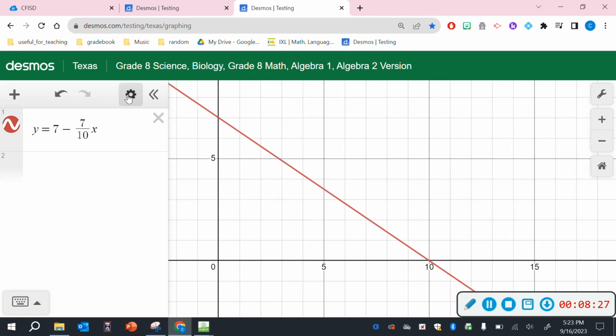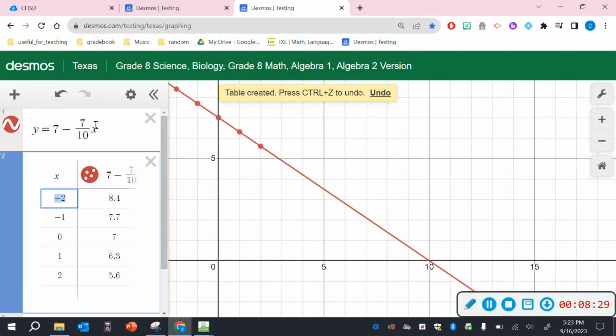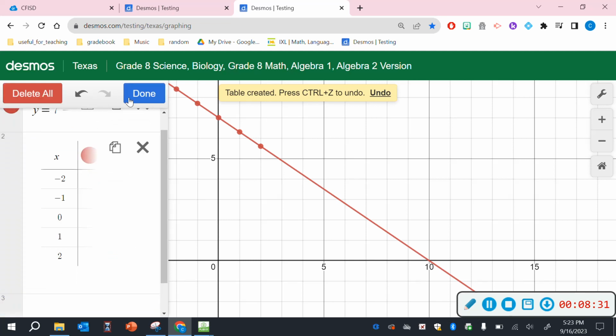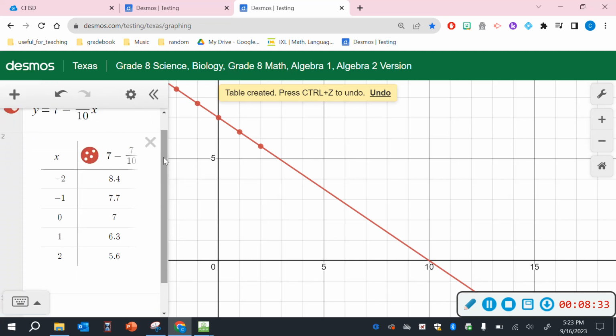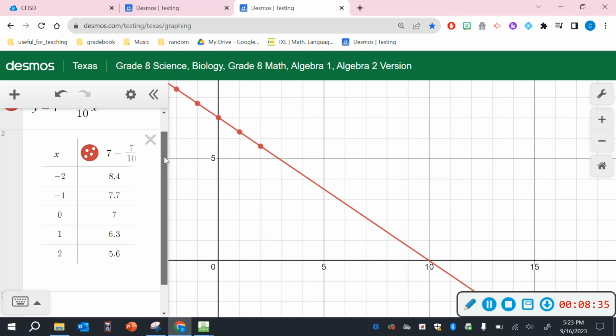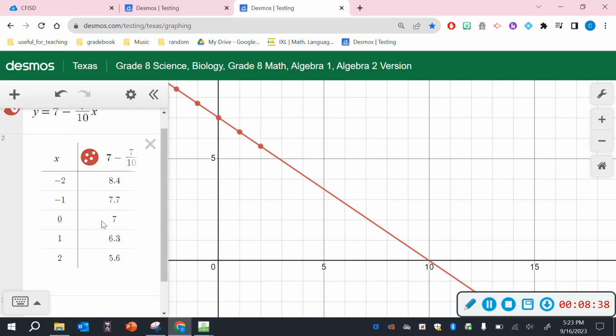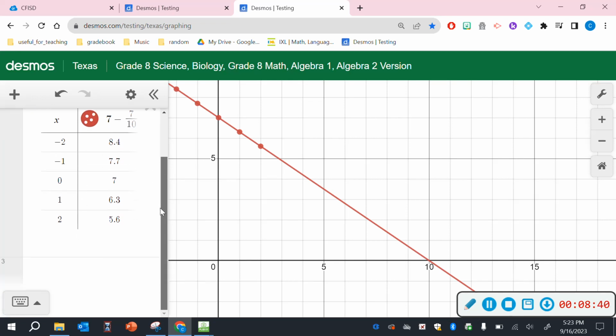Okay, so if I convert this to a table, I went there, and then I went to table. Alright, notice here we have whole numbers, so we can buy 0 shirts and then 7 pairs of pants, and that'll give us $70.